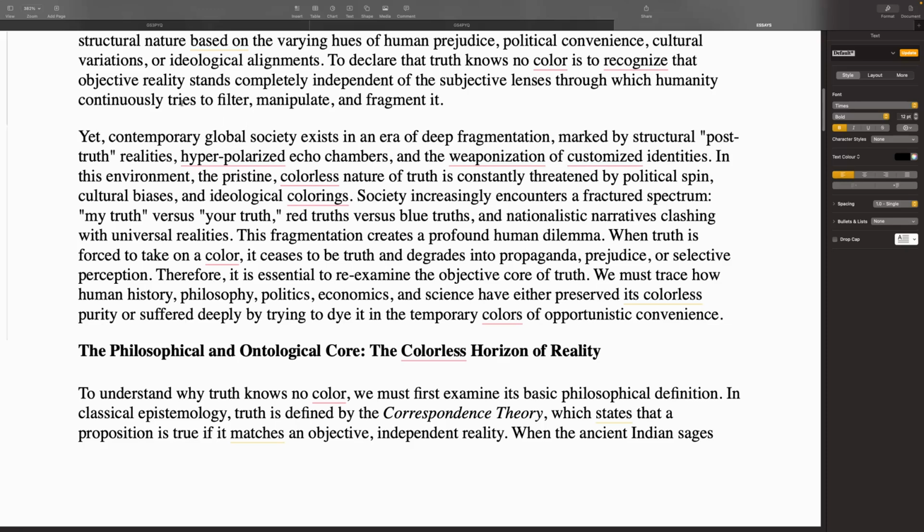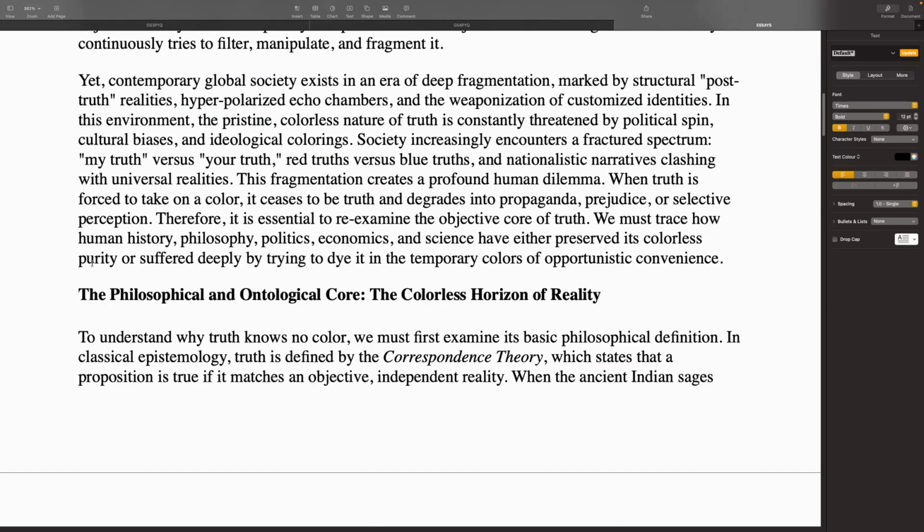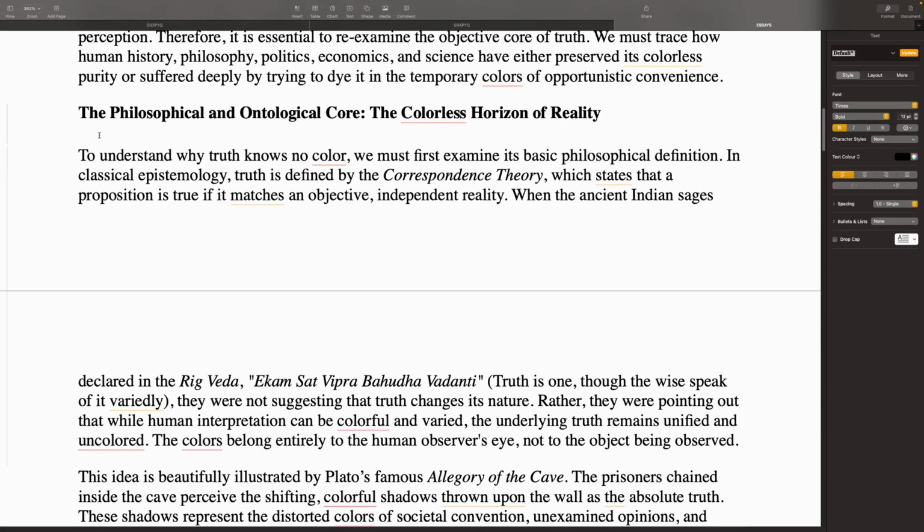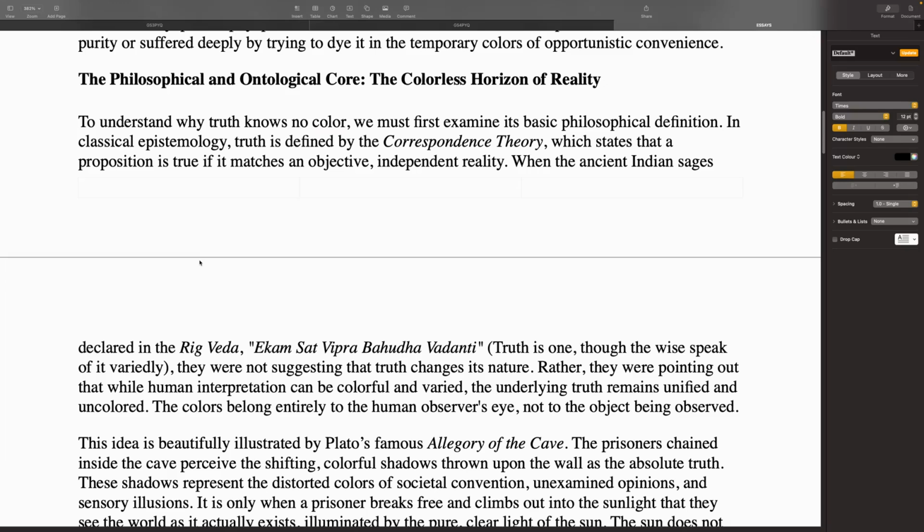You need not write the headings, but because this is practice, you can see headings and a flowchart in this essay. You will see the philosophical and ontological core, the colorless horizon of reality. To understand why truth knows no color, we must first examine its basic philosophical definition.